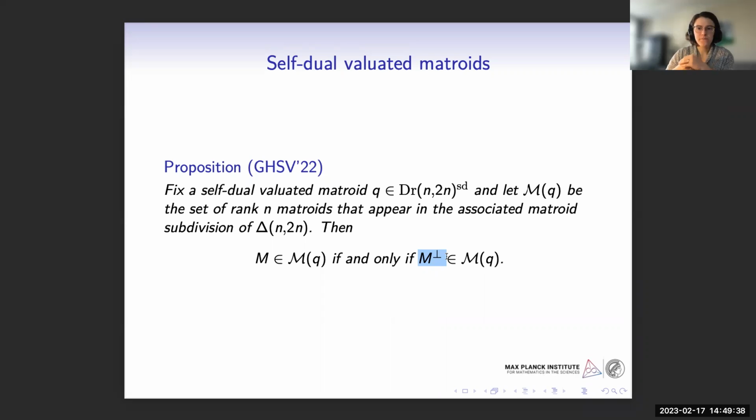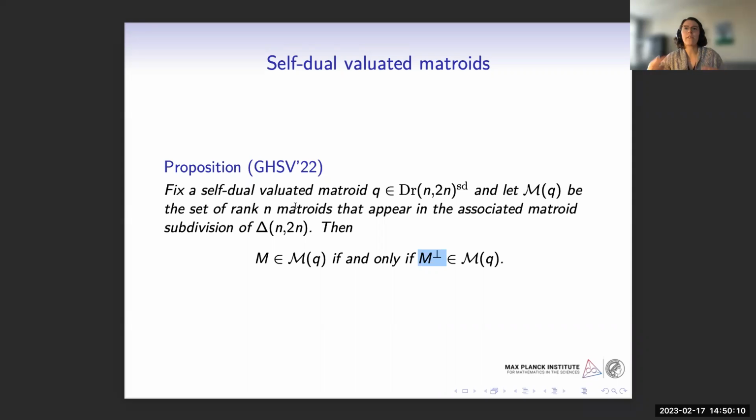Not necessarily. So, this might be clearer when we look at an example later, but the collection of matroids that we see in the matroid subdivision does not need to be self-dual; all these matroids in there don't have to be self-dual. Okay. But the dual of the matroid is again going to be in the collection.